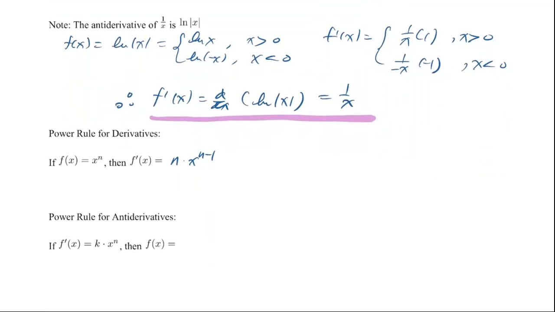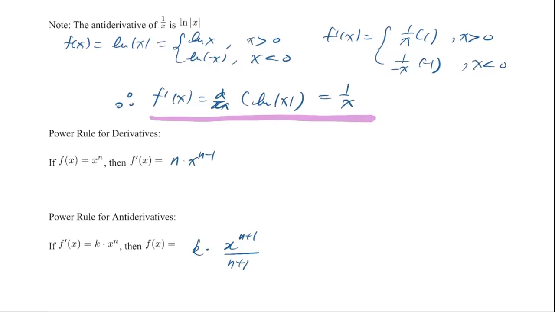How do I get x to the n? If I take the derivative of something, I have to have x to the n plus 1, right? When you take the derivative of that, it would create n plus 1 in the front. So to cancel that, you've got to have n plus 1 in the bottom, times some number k.